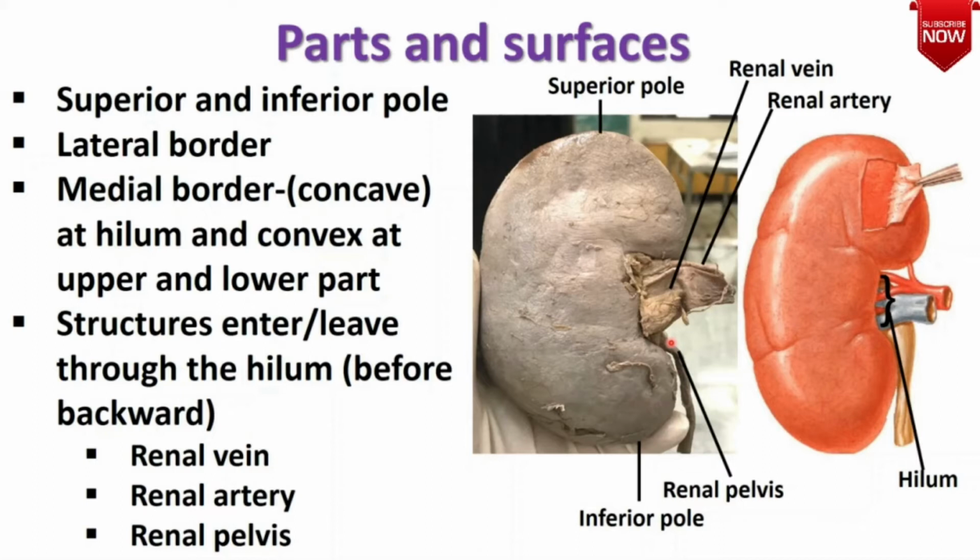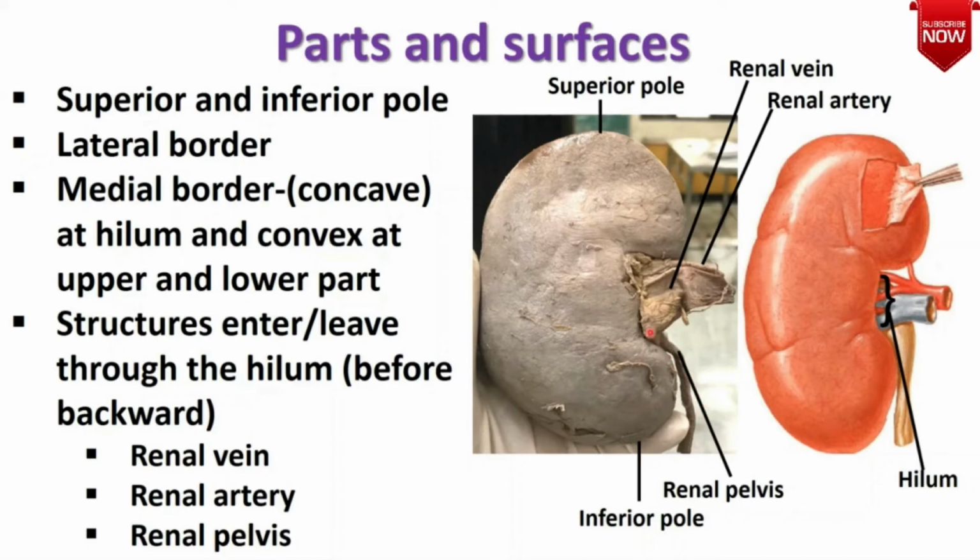Hilum. There are some structures which enter and leave through the hilum, in relation from anterior to posterior, or before backward. The most anterior, you can appreciate a collapsed structure. This is the renal vein. Then there is the renal artery and most posterior is the renal pelvis, which will continue as the ureter.